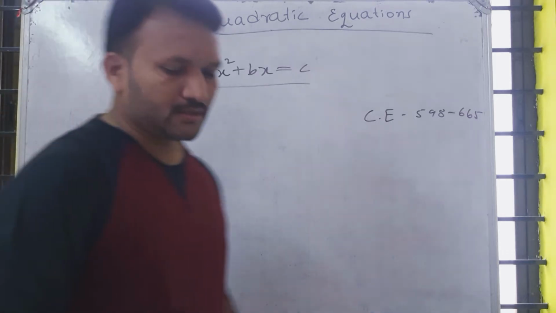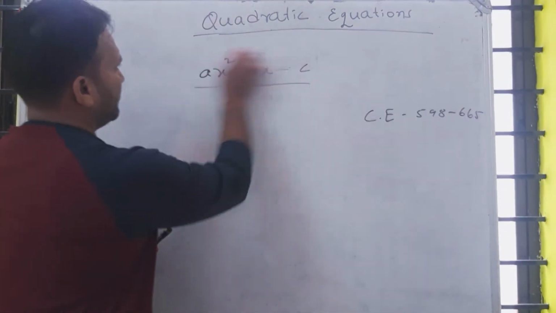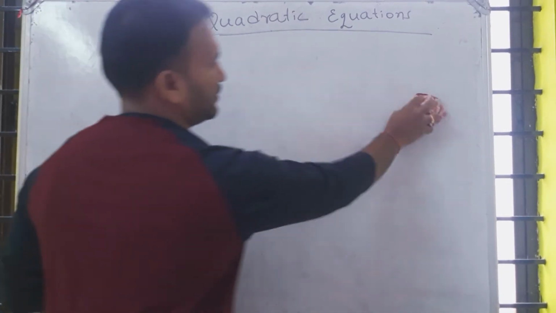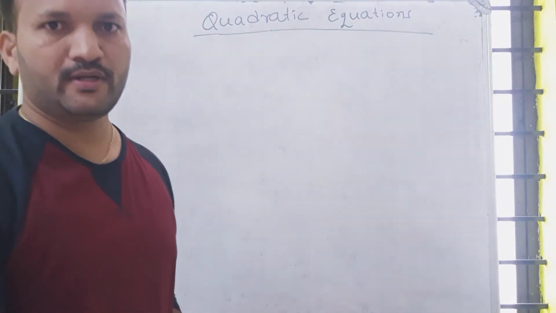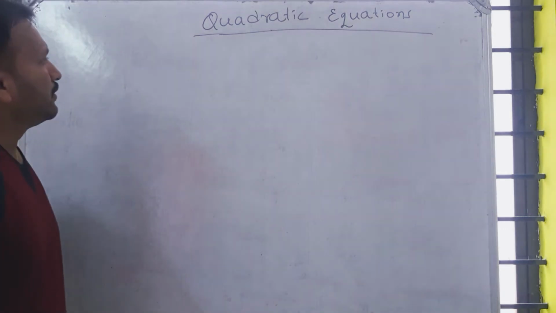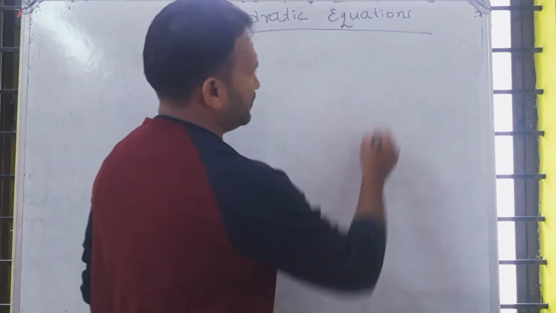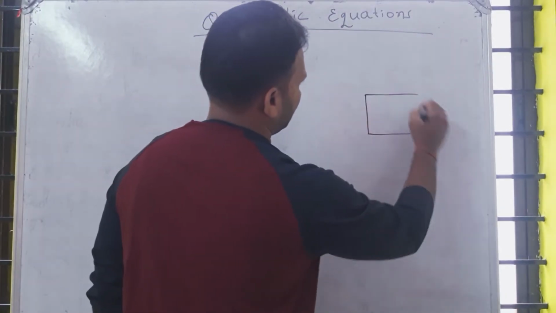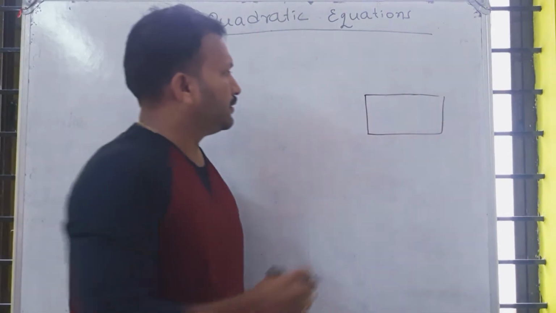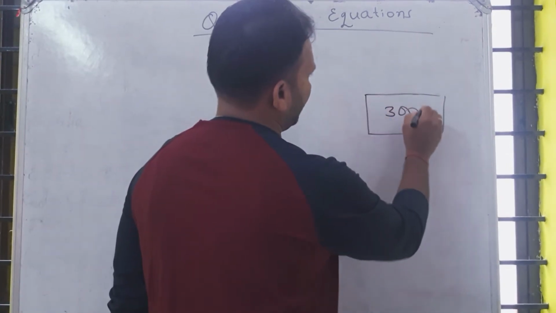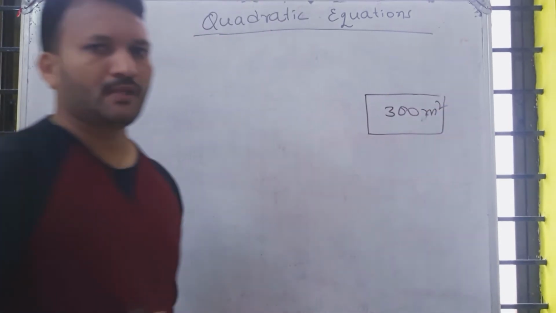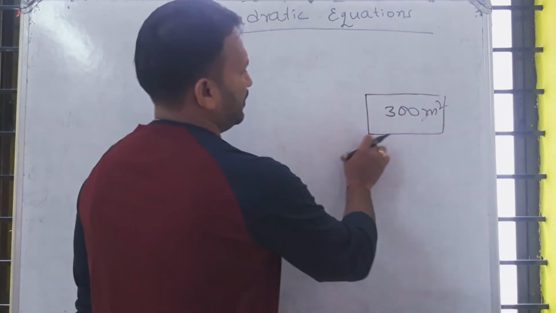It's a very important topic because it is very applicable to day-to-day life. How is it applicable? Let us see. Suppose we have a land of carpet area 300 meters square, and we don't know its length and breadth.